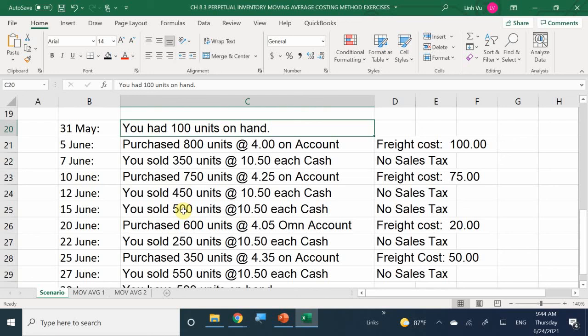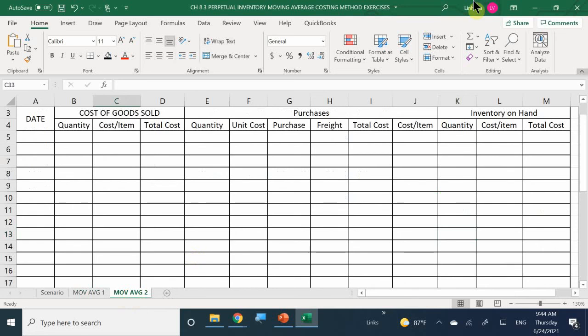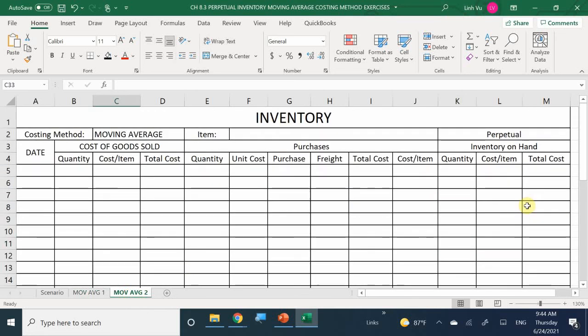Here it tells us that on May 31st you had a total of 100 units on hand, which we know, we calculated it. This is what gave my total cost to be a whole total of $373.07. So once again, I'm going to carry that information and bring it over into my inventory on hand.